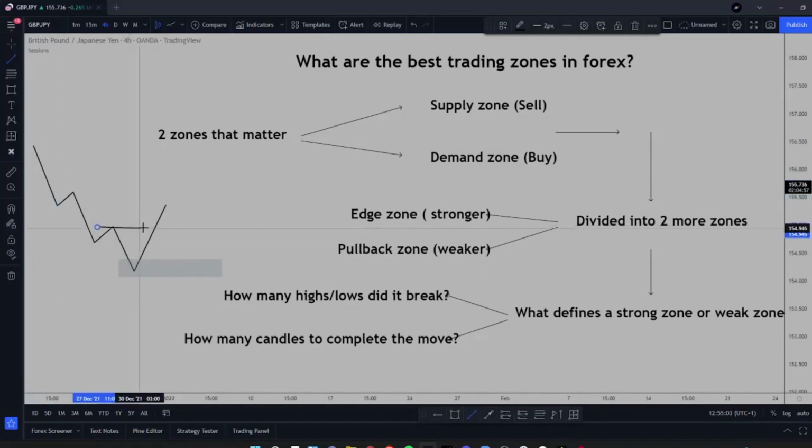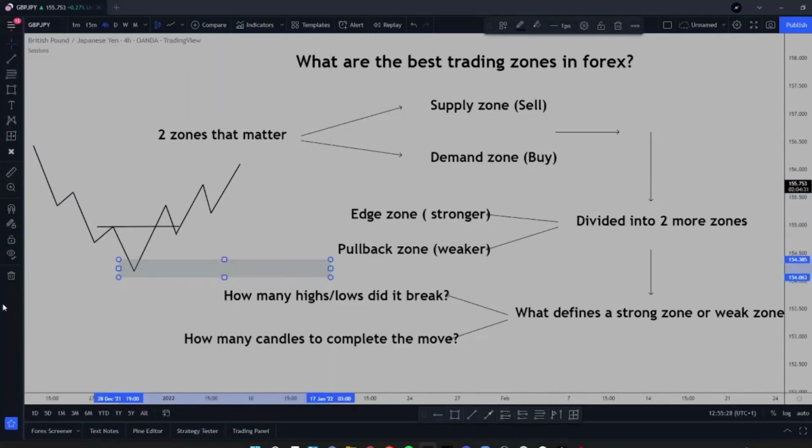We see a break of structure right here. Beautiful. But then the market is pulling back and going upwards again, and it's pulling back and going up again. So basically the edge would be this zone right here at the bottom.